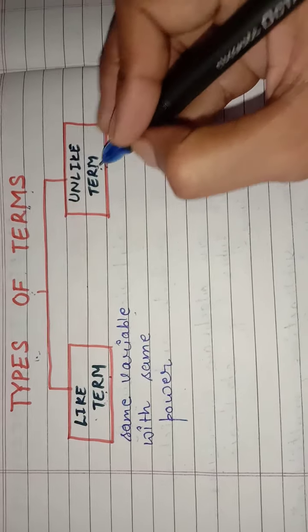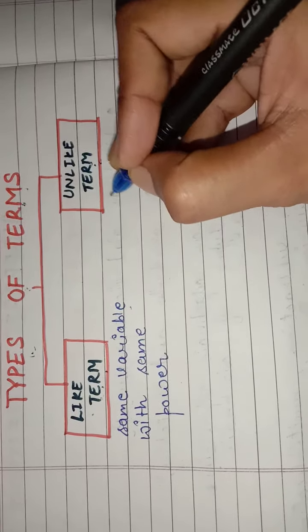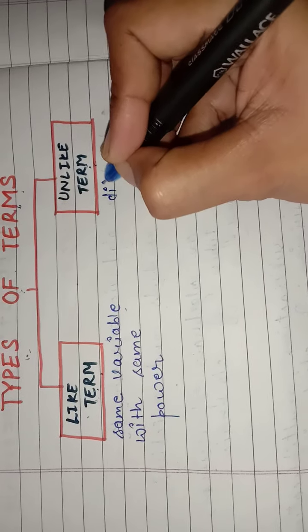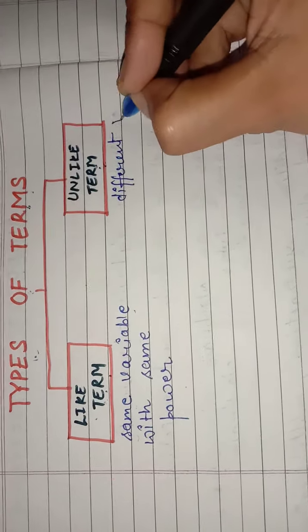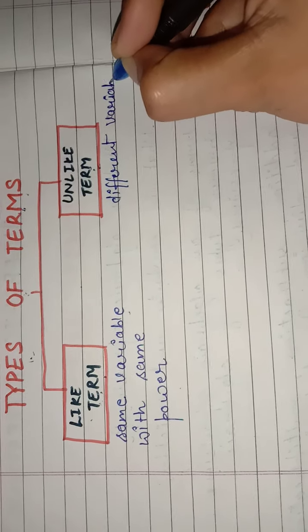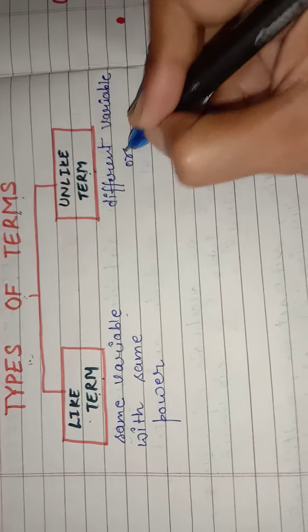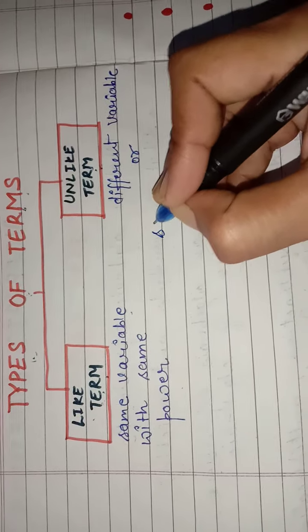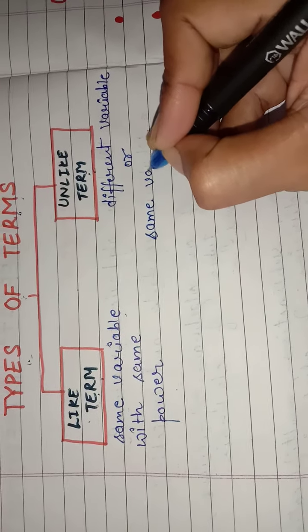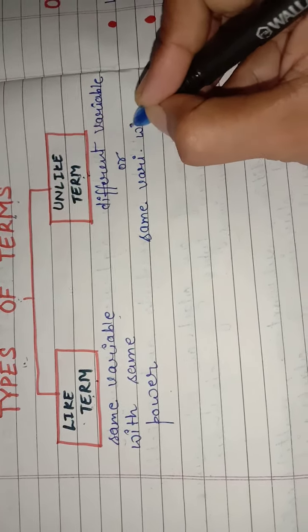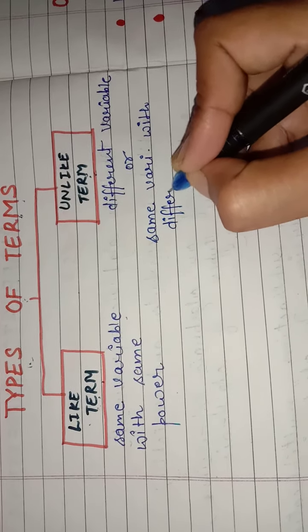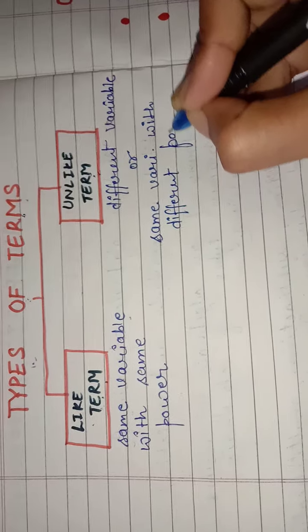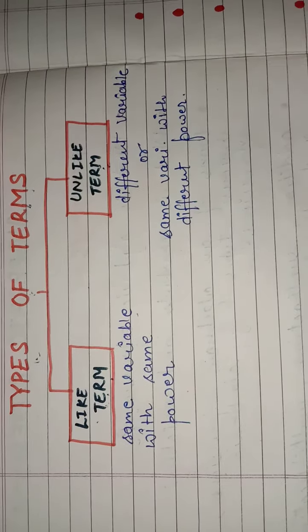Two terms are unlike if they have different variable or same variable with different power.